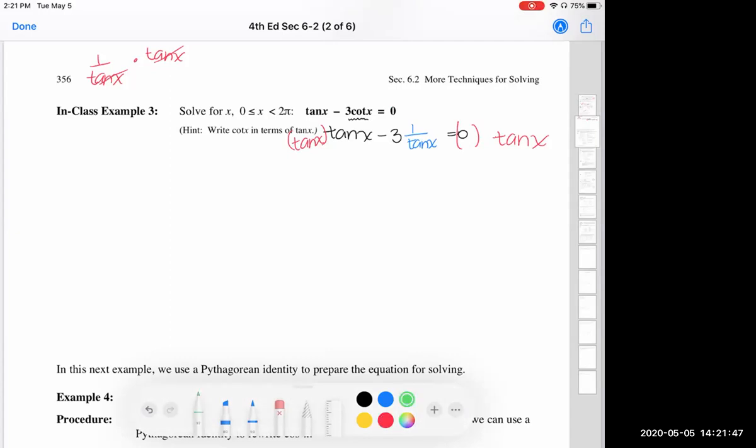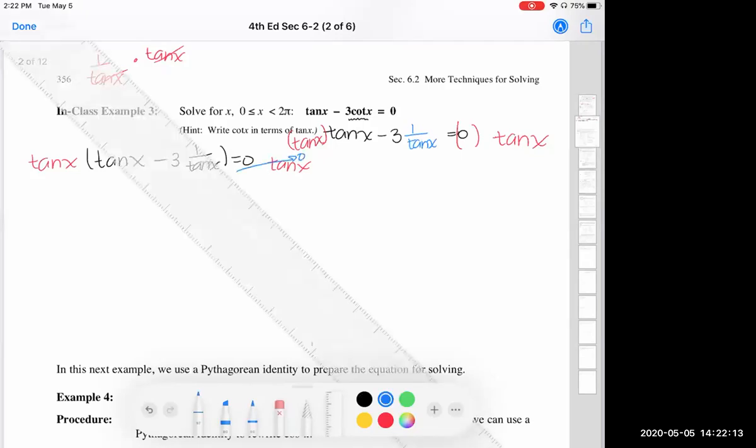I have to multiply my tangent of x to what I have on the inside, which is tangent of x minus 3 over 1 tangent of x equals 0, and I also multiply tangent of x to the other side. Okay, well, 0 times anything is 0, so I have equals 0 on the other side.